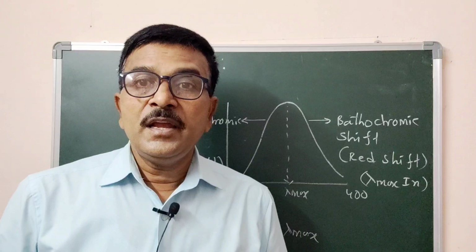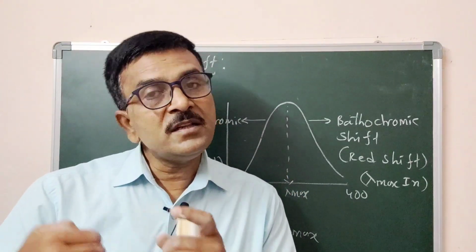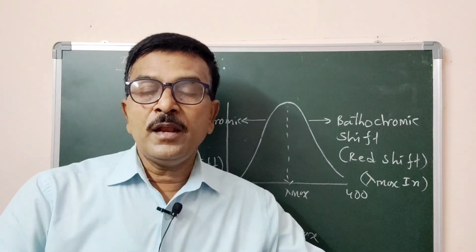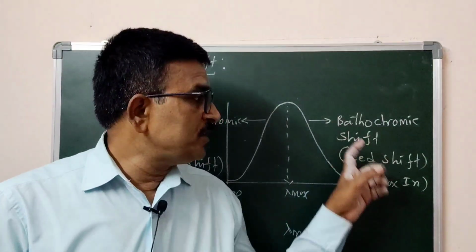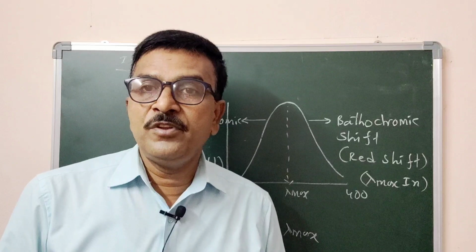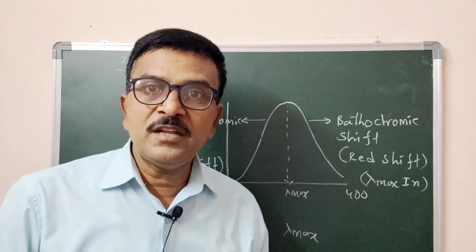If the molecule absorbs shorter wavelength, it is called a blue shift or hypsochromic shift. If the molecule absorbs longer wavelength, it is called a bathochromic shift or red shift, where the wavelength of absorption, the lambda value, is more, that is, less energy.